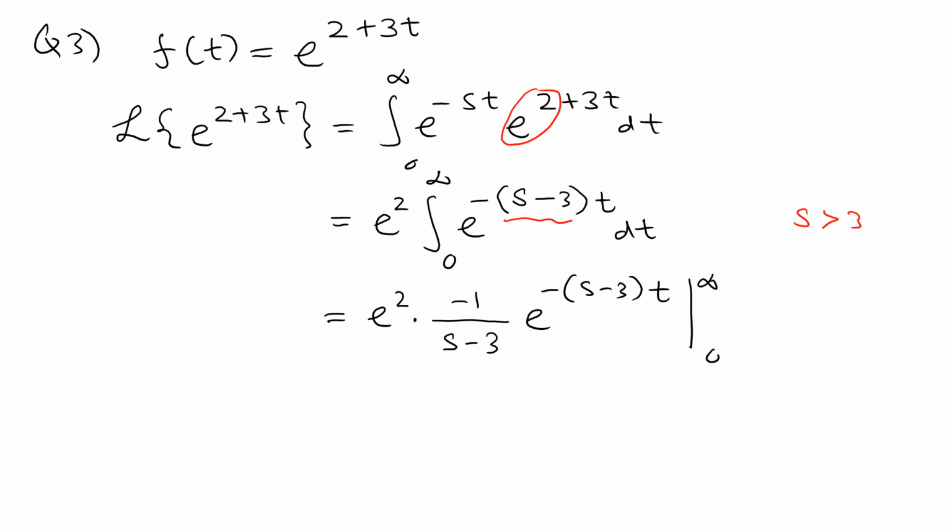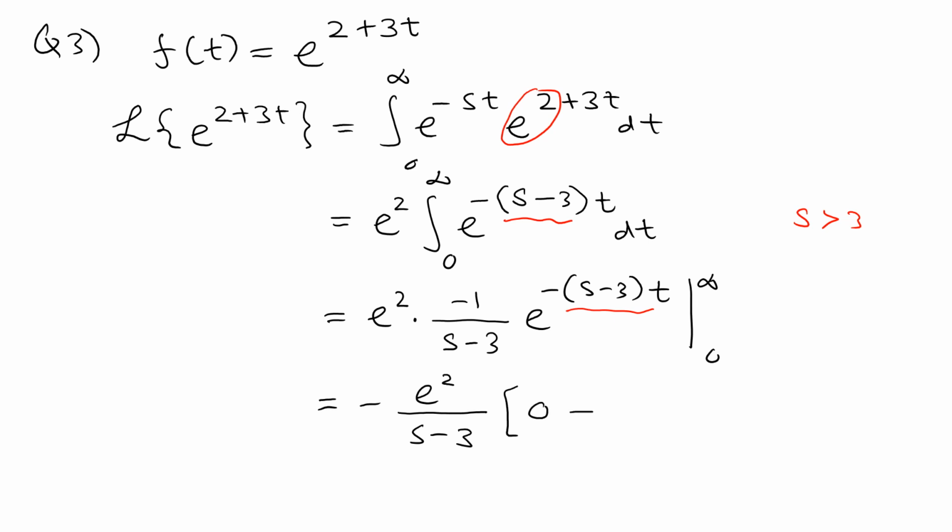We use the same argument here. So you can say negative e squared over s - 3, and when you evaluate at infinity, under the assumption s is greater than 3, the exponent goes to negative infinity, so the whole term goes to 0.